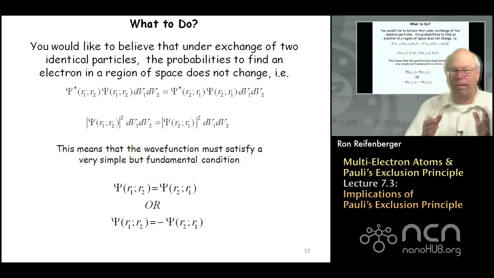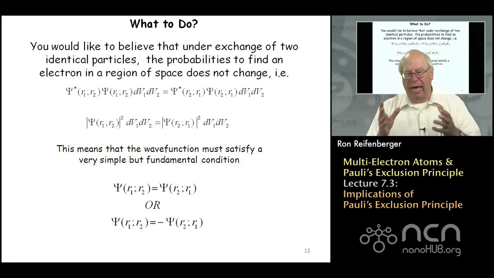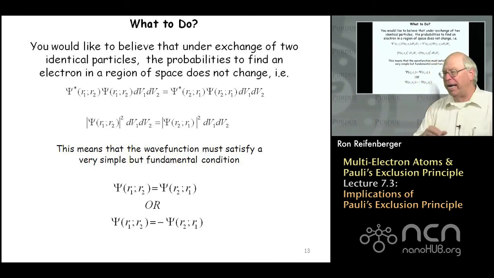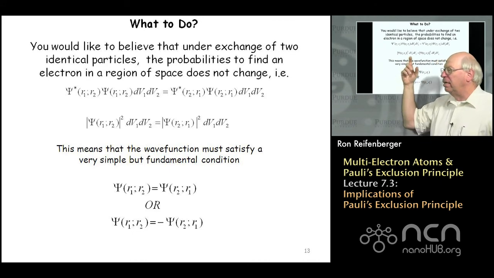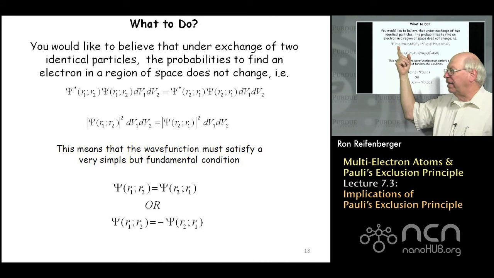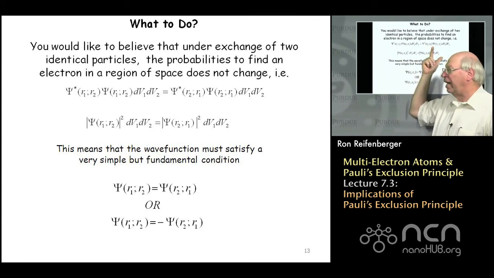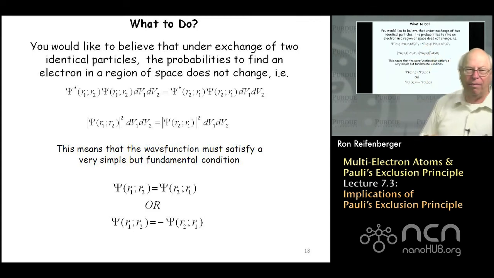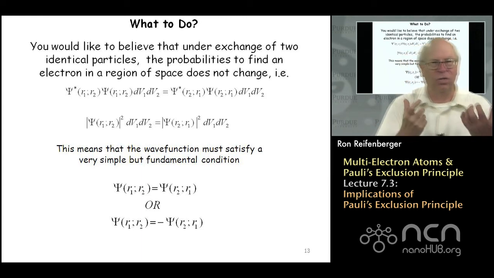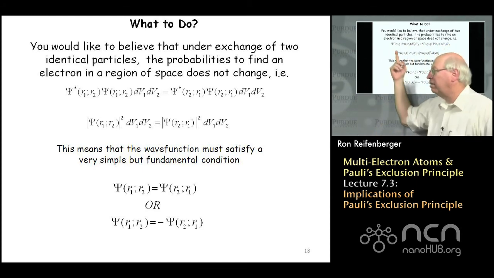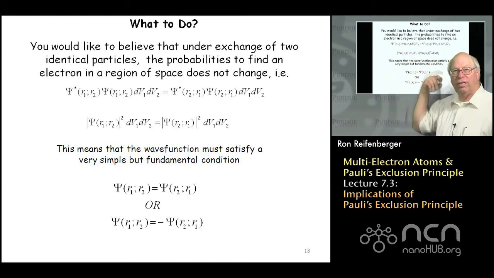One way to think about it is to say that I don't know the exact mathematical form for this appropriate two-particle wave function, but I would like to believe that if I take psi star psi of this two-particle wave function and then flip the two particles and take psi star psi again, the probabilities that I get for those two situations, where I just interchange two identical particles, are identical.